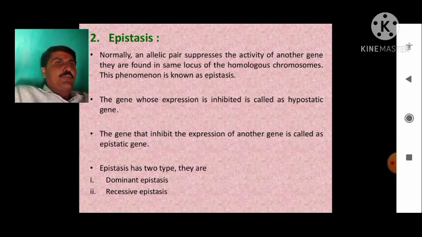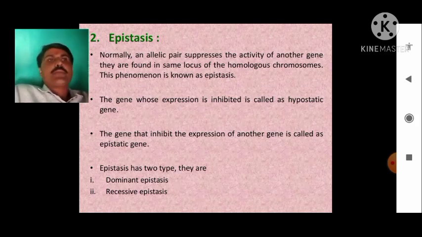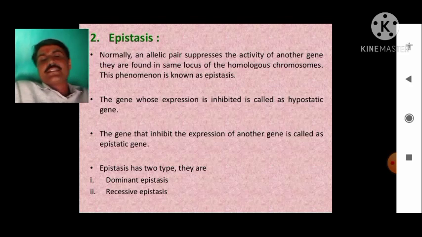In the hypostatic case, the gene whose expression is inhibited has some brakes on its expression, and that condition is called the hypostatic gene. The gene that inhibits the expression of another gene is called the epistatic gene.